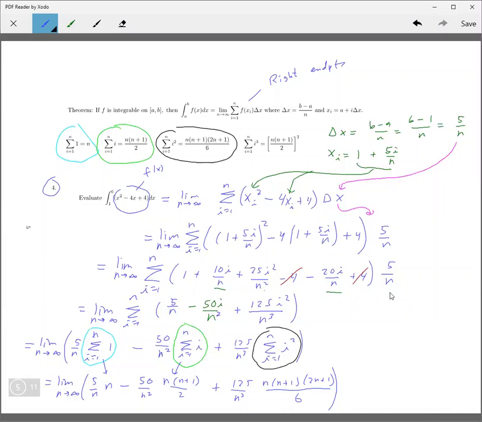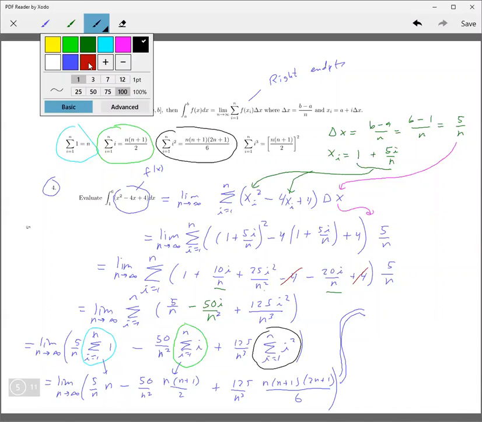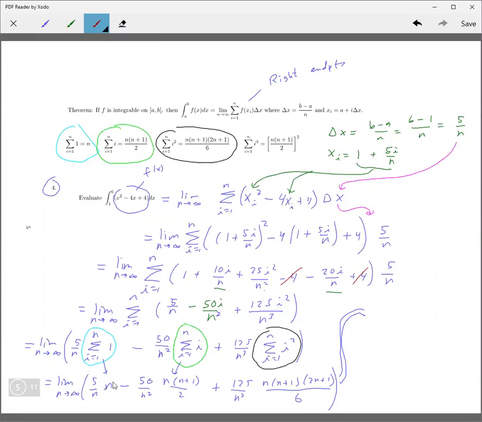We don't have very much space left, so I've got to wrap this up really quickly. For this one, these are going to cancel, and this is going to reduce that to 2 of these. So we get some cancellation. This first piece is just a 5.